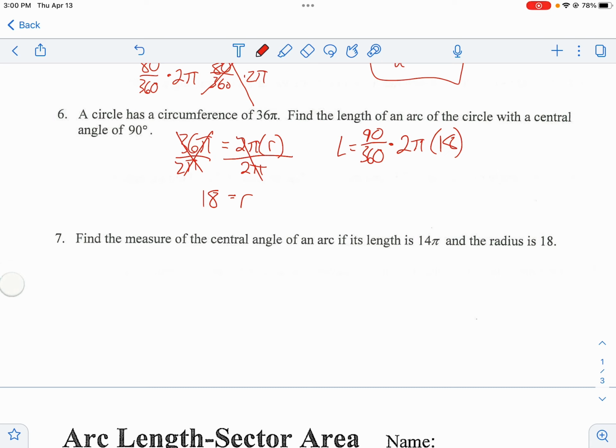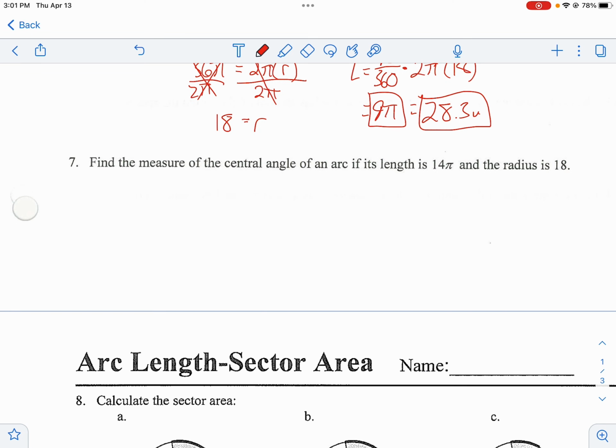So I got 90 over 360, that's about 1/4, and I got 36 pi. 36 divided by 4 is 9, so that's about 9 pi, or 28.27, 28.3. And that is units again. Okay, so either of these would be acceptable, unless it tells you nearest tenth, or unless it tells you in terms of pi.